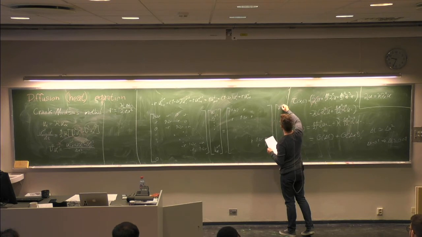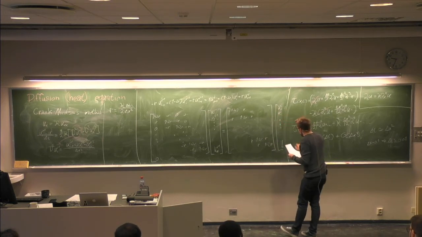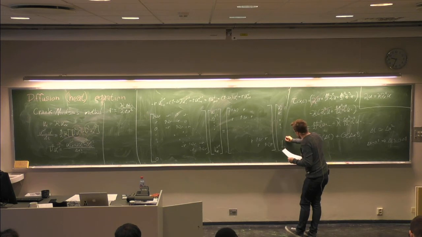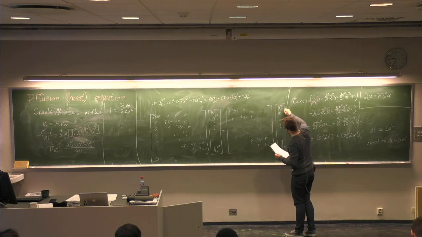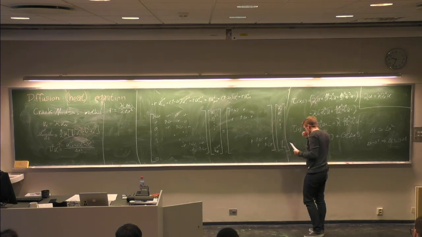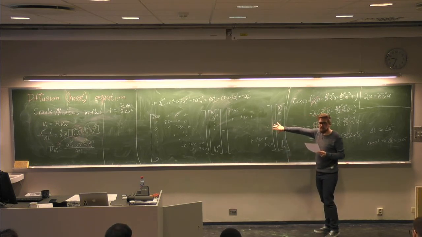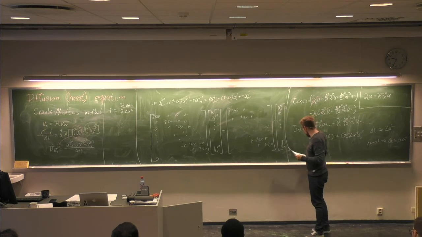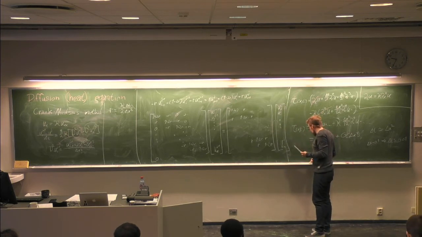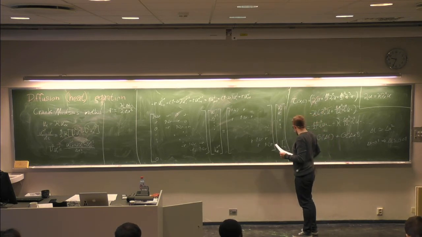Times the vector u_0 j, u_1 j, up to u_N j. And this matrix and vector can easily be multiplied, so you have just a vector. So you can easily get this on the form.